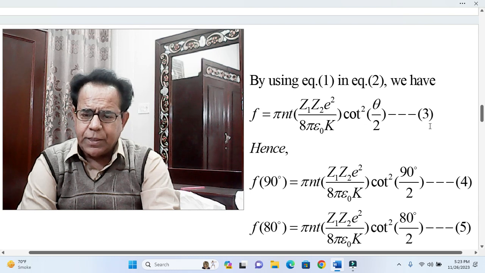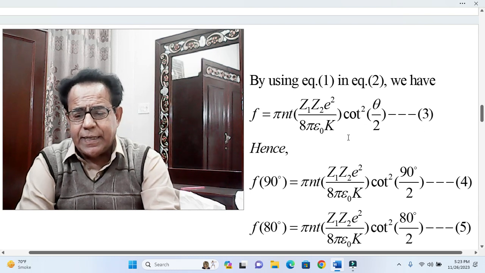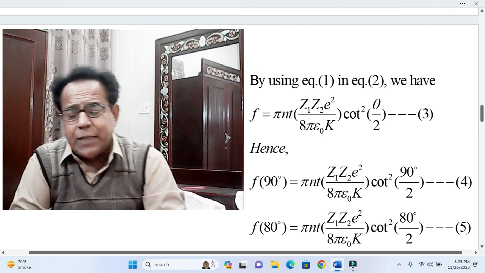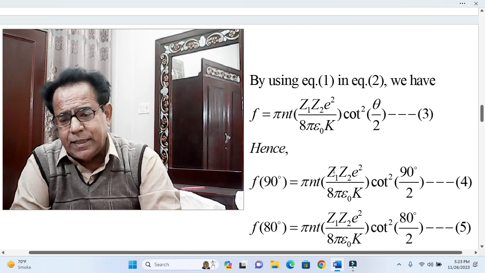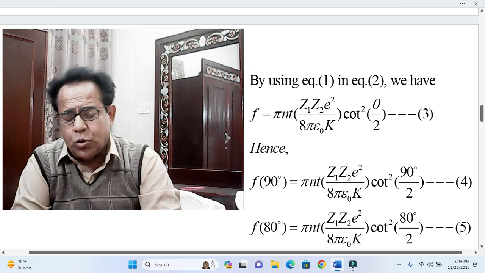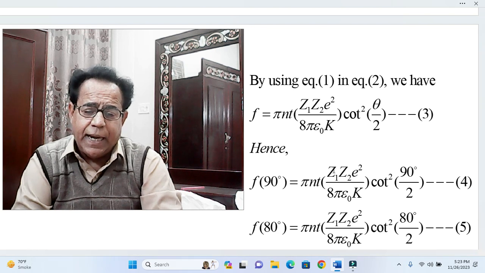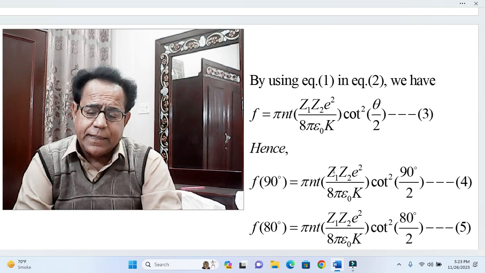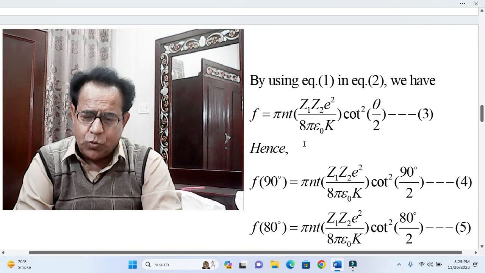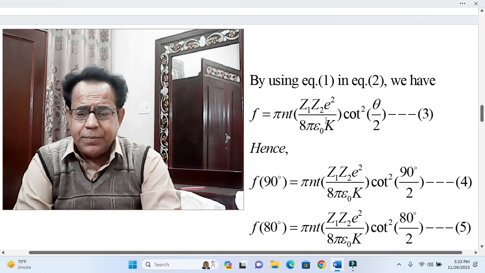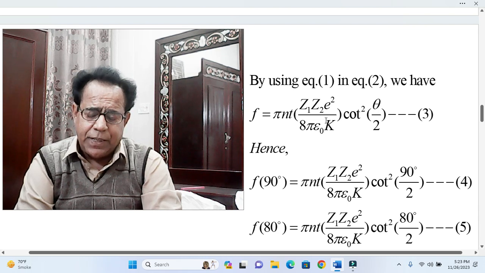This is equation number 3, and here once again, dear students, that mistake has reappeared. I promise that if this expression is used in the next problem, in the next video, this mistake will be omitted.